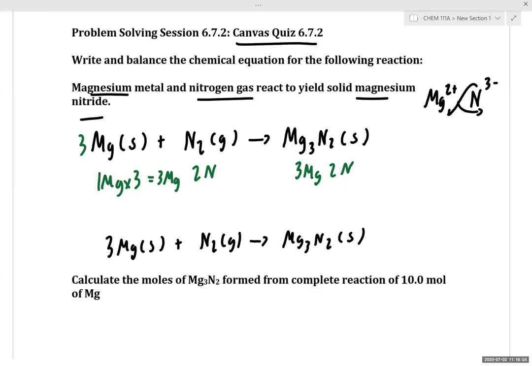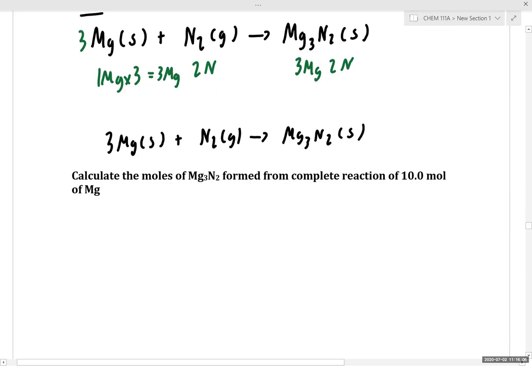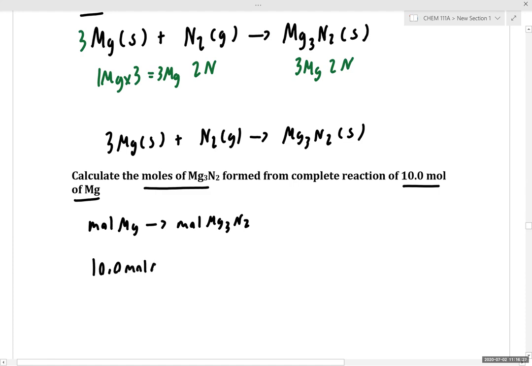Okay, so continuing on with this idea, we're asked to calculate the moles of magnesium nitride formed from a complete reaction of 10 moles of magnesium. So we're going from moles of magnesium to moles of magnesium nitride. Okay. So if we have 10.0 moles of magnesium, how many moles of magnesium nitride do we make per how many moles of magnesium?